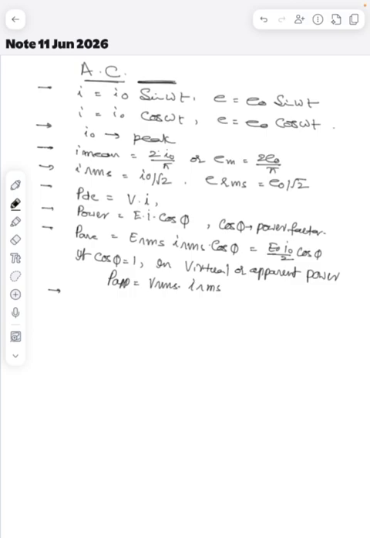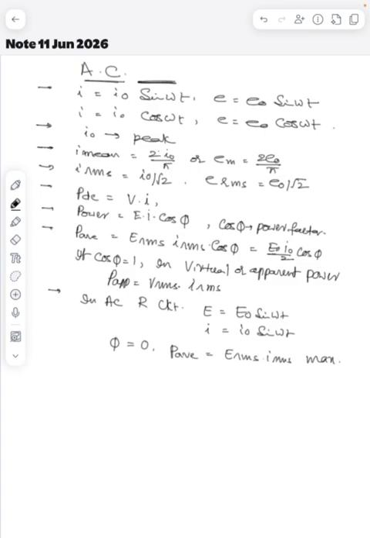E RMS is the source voltage, but voltmeter readings are E RMS values. For DC current through the circuit, these are ammeter readings, these are RMS currents. In an AC R circuit, E equal to E naught sin omega t and I equal to I naught sin omega t. Phi equal to phase difference, phase angle equal to 0, and P average equal to E RMS into I RMS into cos 0, which is 1.